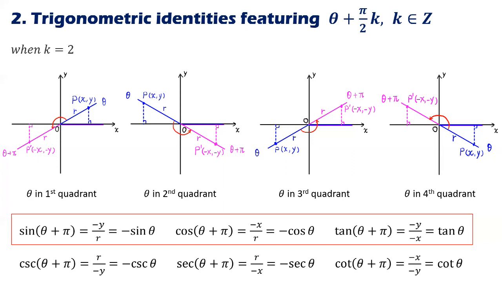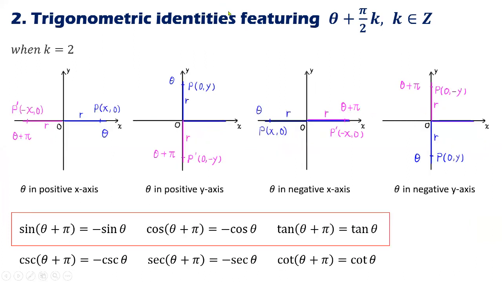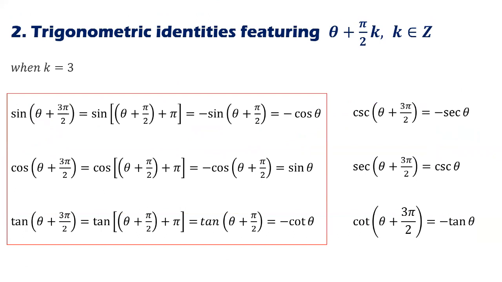Okay, have you finished? All right, so let's consider the cases where k equals 3. As I said, when k is 3, these cases can be inferred by considering k is 1 or 2. So for example, sine of theta plus 3 pi over 2.